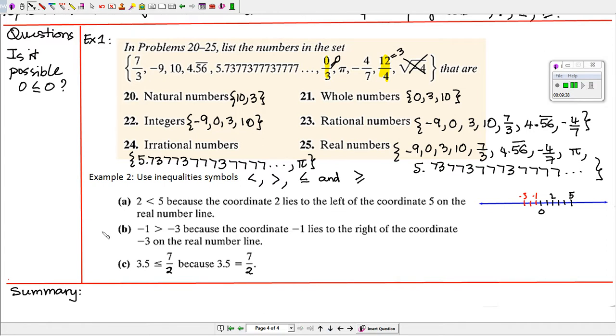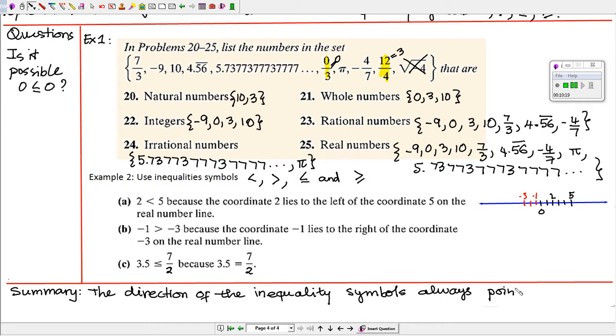Now let's write down the summary. So our summary, based on my observation right here: the direction of the inequality symbols always points to the smaller number.